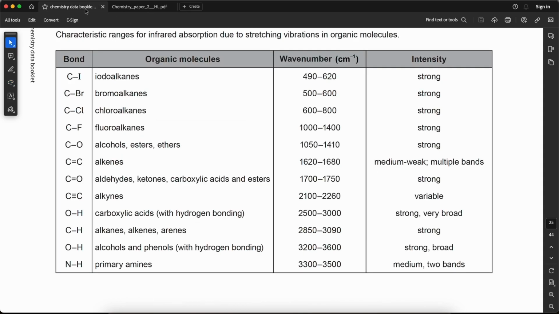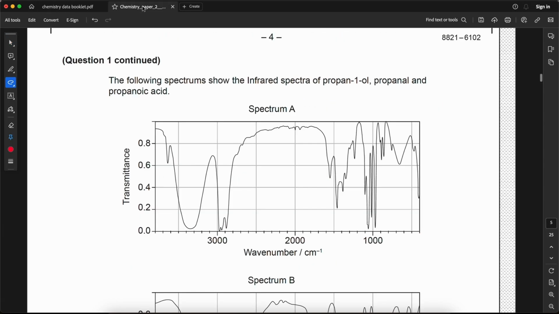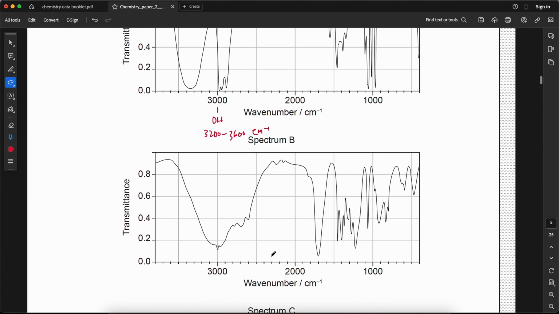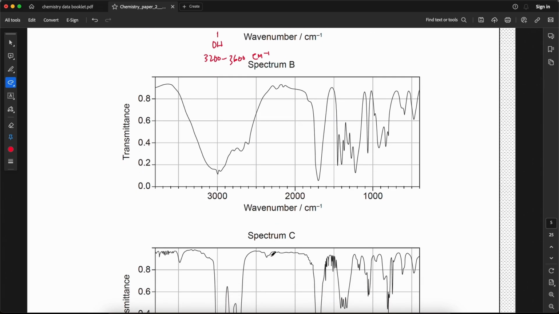So for propanol, that would be OH. So it's 3000 to 3600. So OH, 3200 to 3600. And the second one is propanol. So propanol, it has also OH.